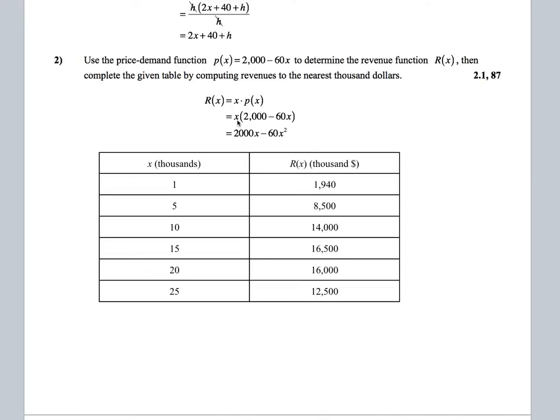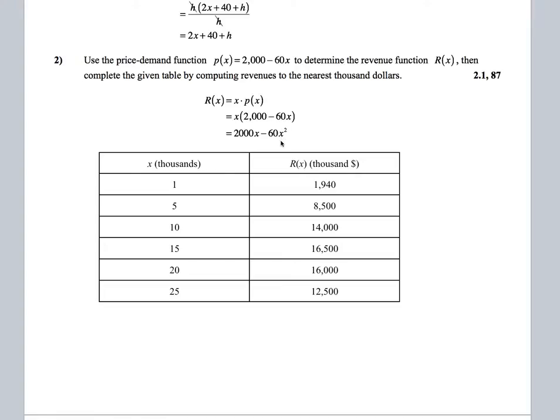Our quantity is X. That's how many items are demanded, produced, or sold. And our price, as given up here, is 2,000 minus 60X. And so I distribute the X times each term here, and that gives me 2,000X minus 60X squared.